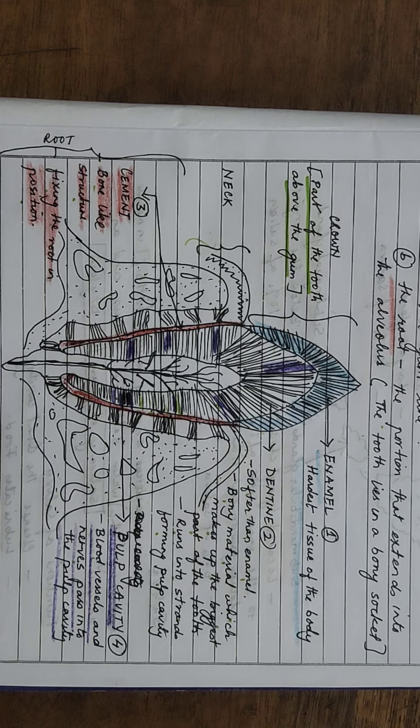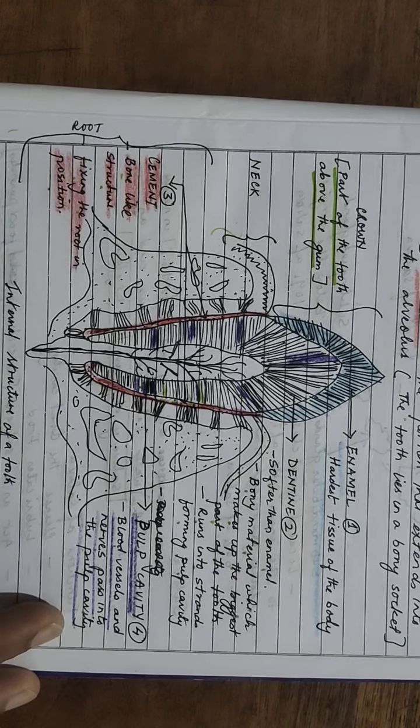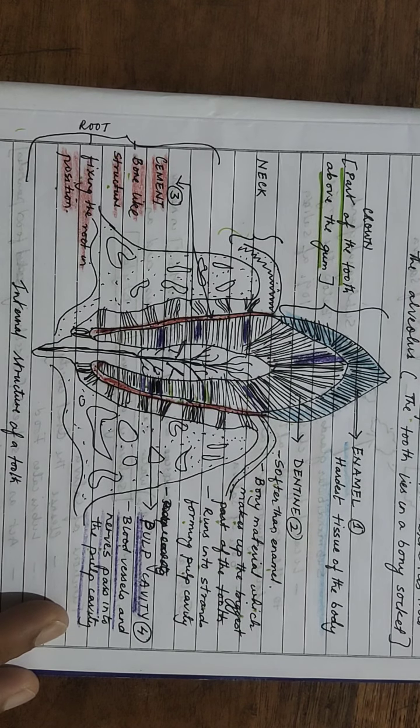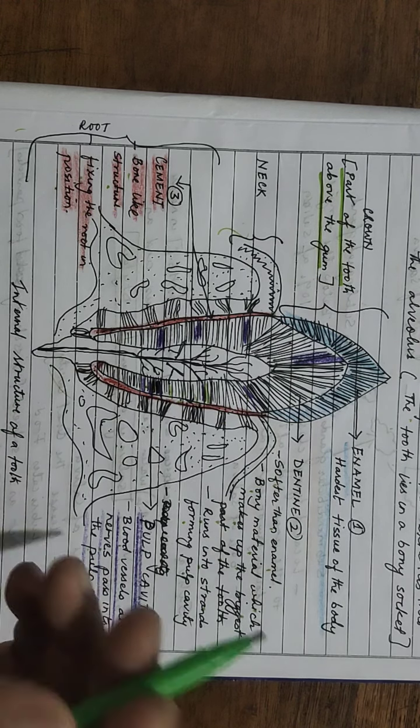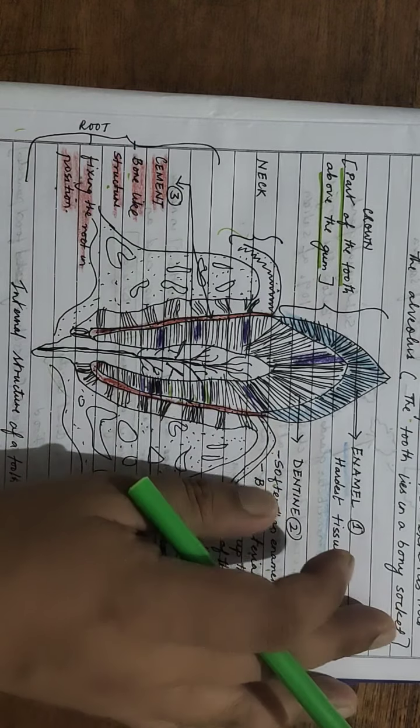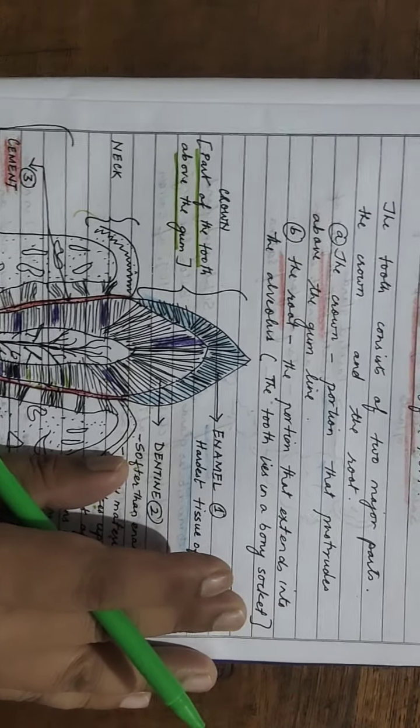Because it has nerves and blood vessels, that is why we get the pain. All right, so this is all we'll be learning about the structure of a tooth.